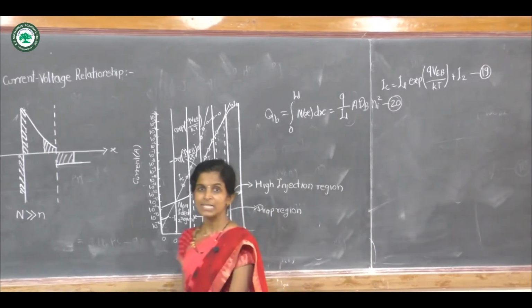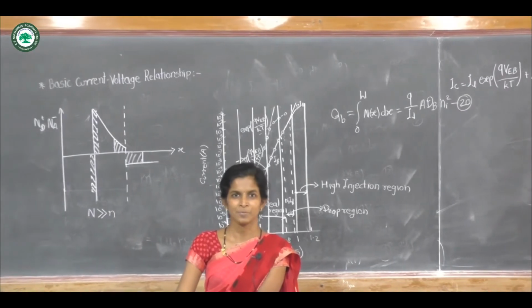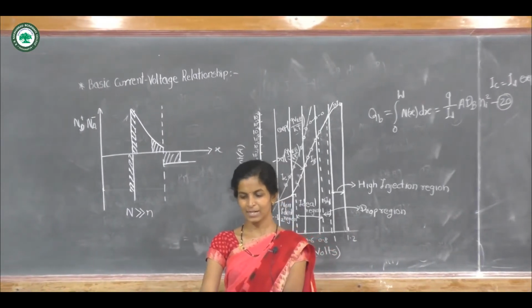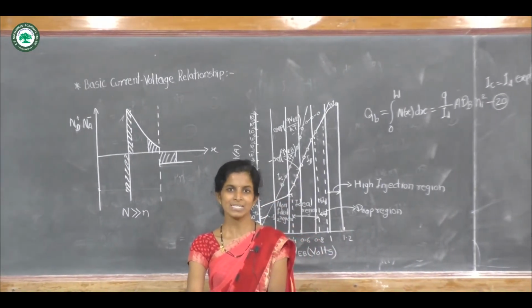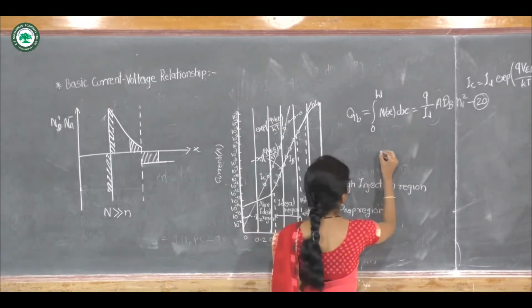And for a silicon BJT, the Gummel number is about 10 raised to 12 to 10 raised to 13 per centimeter square.